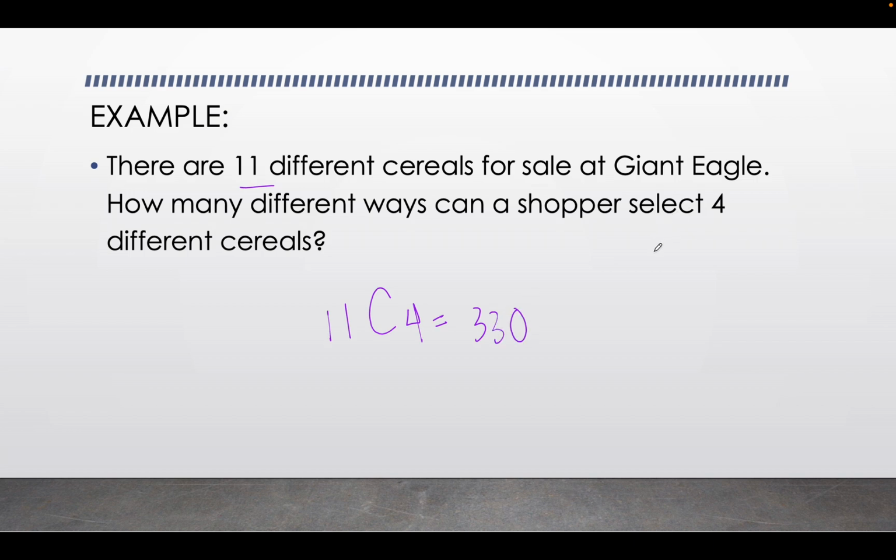So for example, let's say Frosted Flakes, Cheerios, Lucky Charms, and I don't know, Chex. I don't know why that's the one that came to my mind, but we don't care if they pick them in that order or not, so that would just count as 1 possibility. We don't have to rearrange it several times to find all the different orders.